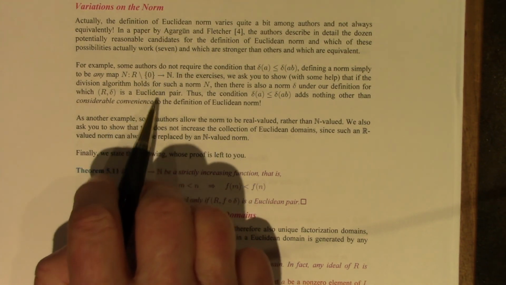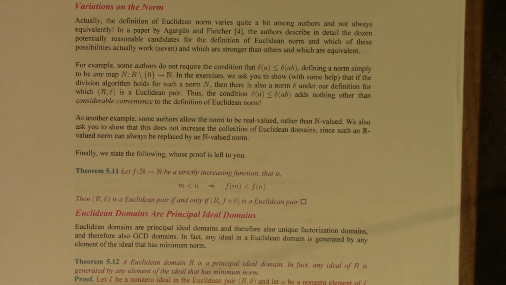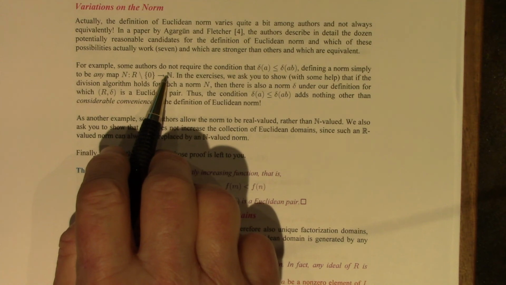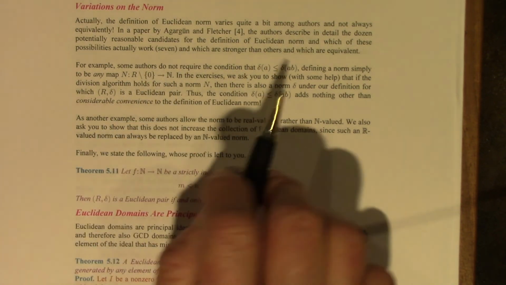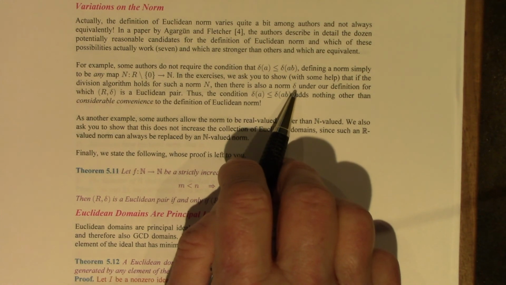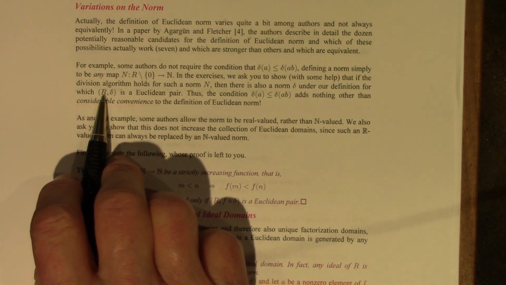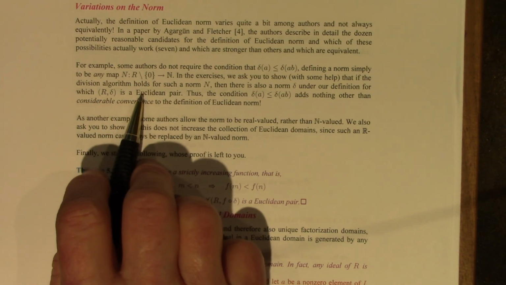In the exercises to this book, I ask you to show, and I'll give you some help, that if the division algorithm holds for such a weak-looking norm, any function, there is also a norm by our definition on this integral domain R, making it a Euclidean pair.